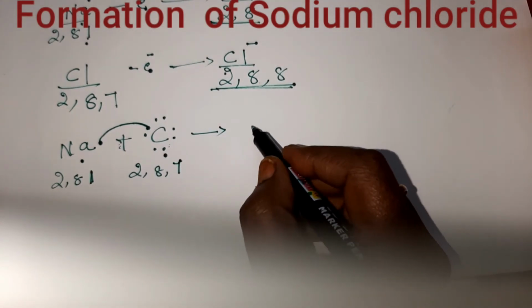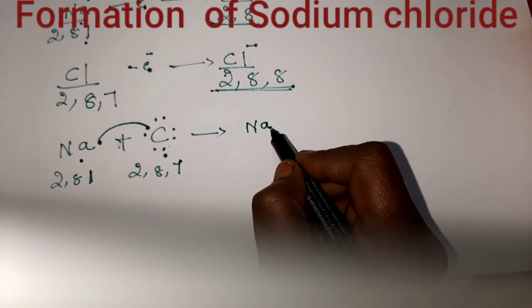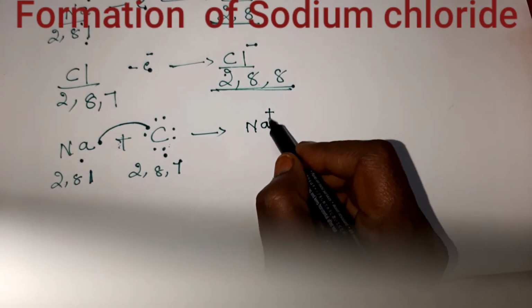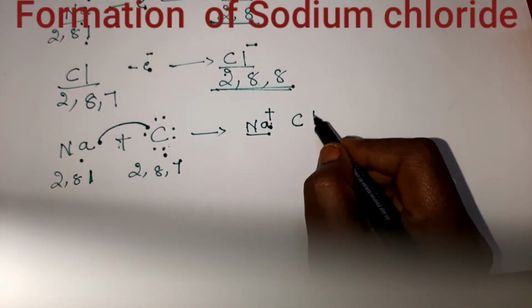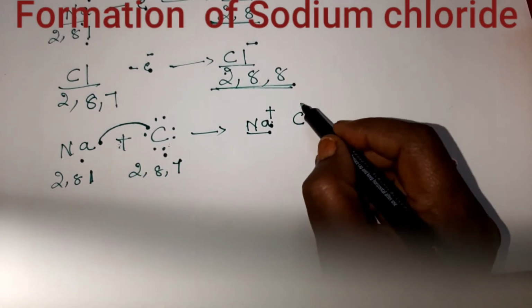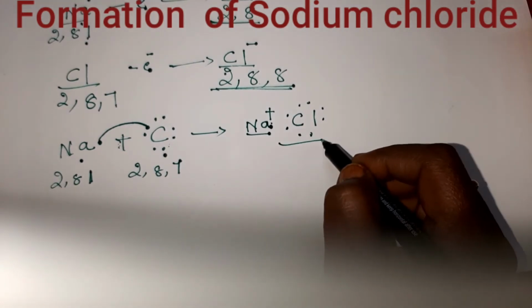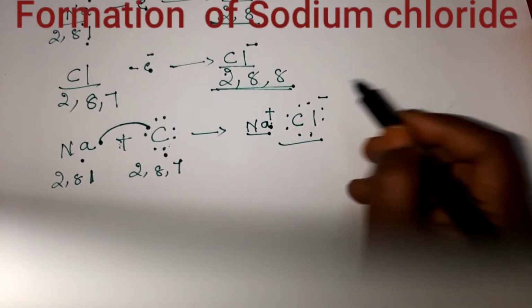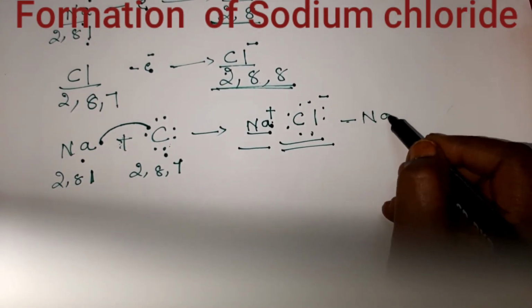You have to see how the ionic compound is formed. Sodium atom loses one electron and becomes sodium ion, and chlorine gains one electron and attains octet electron configuration. So you find totally 8 electrons in the valence shell, and it becomes negatively charged. This is chloride ion, this is sodium ion, and you get NaCl.